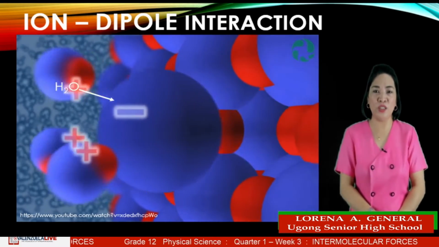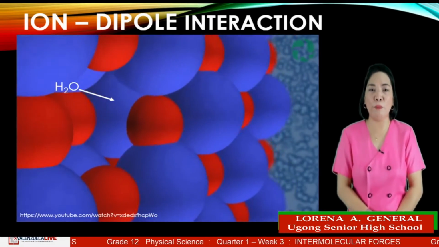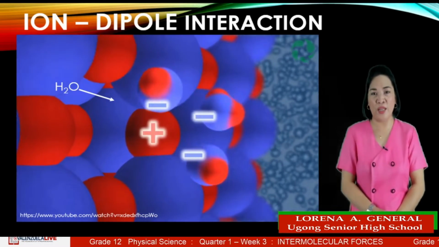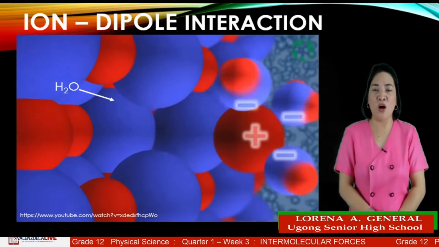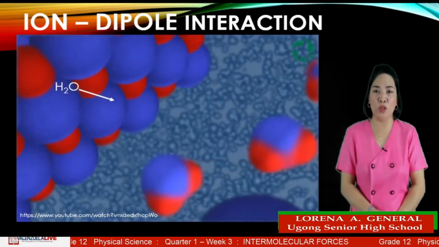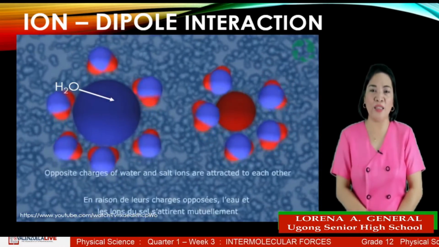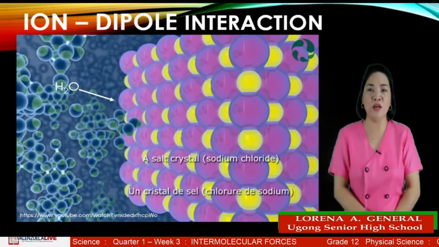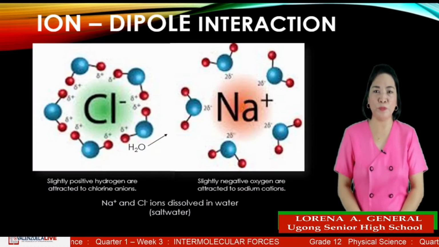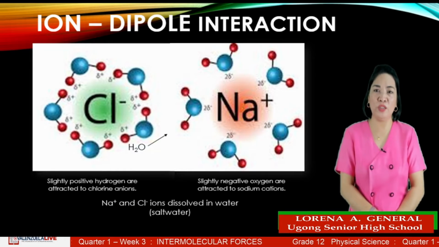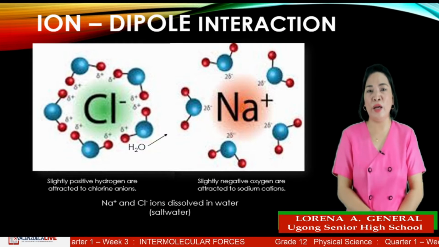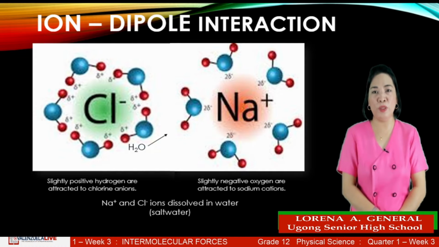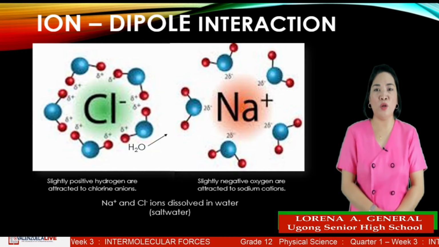Ion-dipole forces are generated between polar water molecules and a sodium ion. The oxygen atom in the water molecule has a slight negative charge and is attracted to the positive sodium ion. The ion-dipole interaction is a type of intermolecular force that occurs between an ionic and a polar compound.